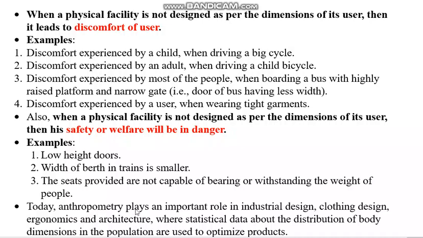Okay, so today anthropometry plays an important role in industrial design. Nowadays anthropometry is considered in every design. In the initial design stages, they didn't think about it, but as the days passed, and as people started designing using science, they looked into this also.